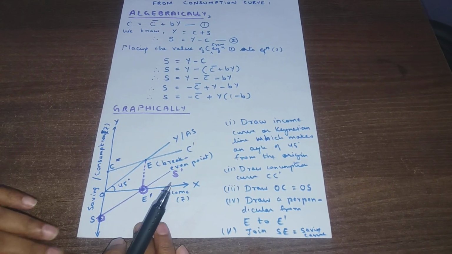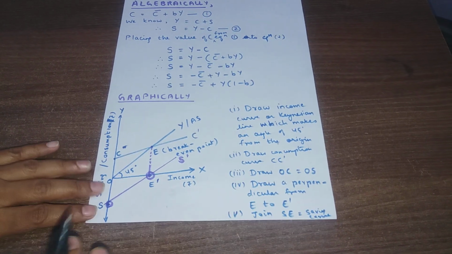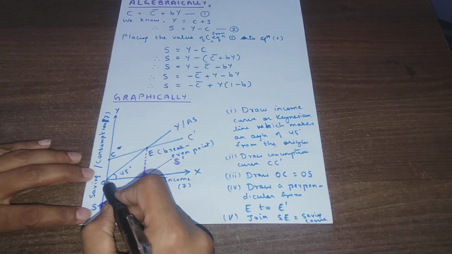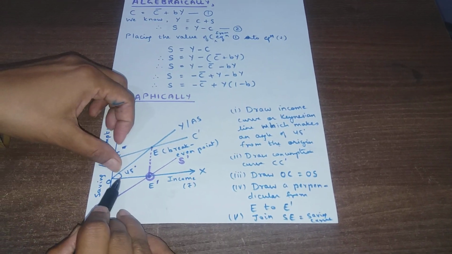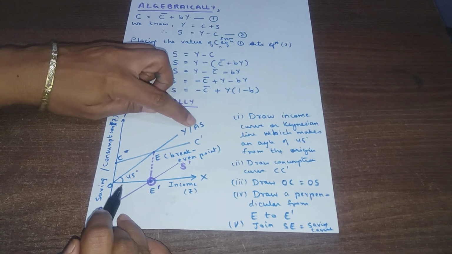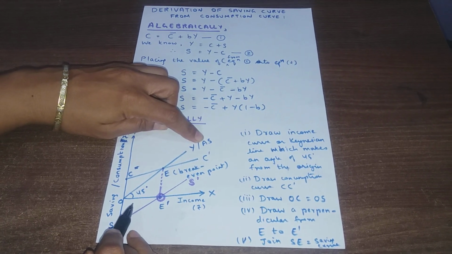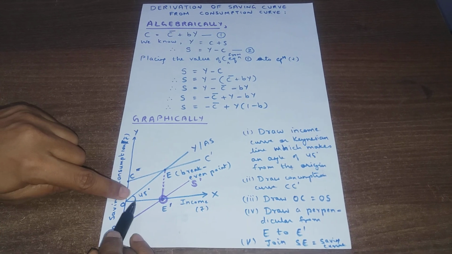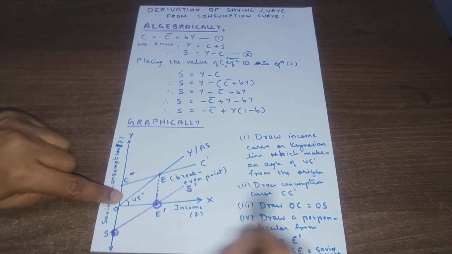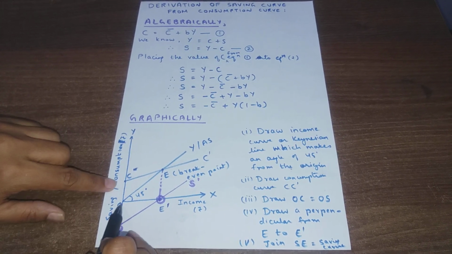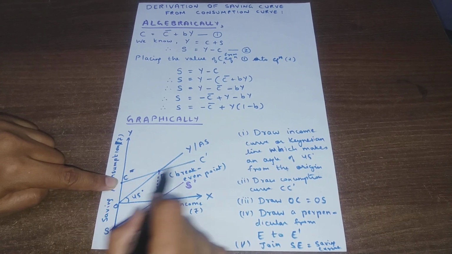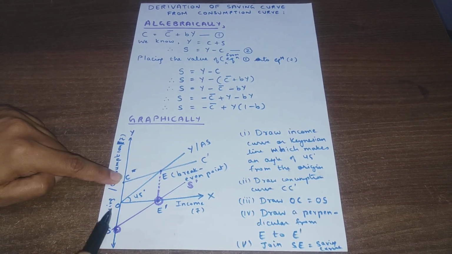This was algebraically. Graphically, if you want, first of all you draw income line making an angle of 45 degree. This line is also called aggregate supply curve or Keynesian line, which makes an angle of 45 degree from the origin. Now draw consumption curve C bar in this way.